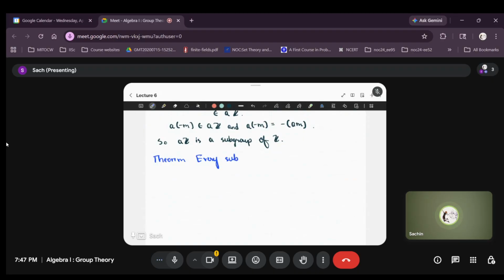There are no other subgroups of Z. Every subgroup of Z is of the form aZ for some non-negative integer a in Z. Can you show this?